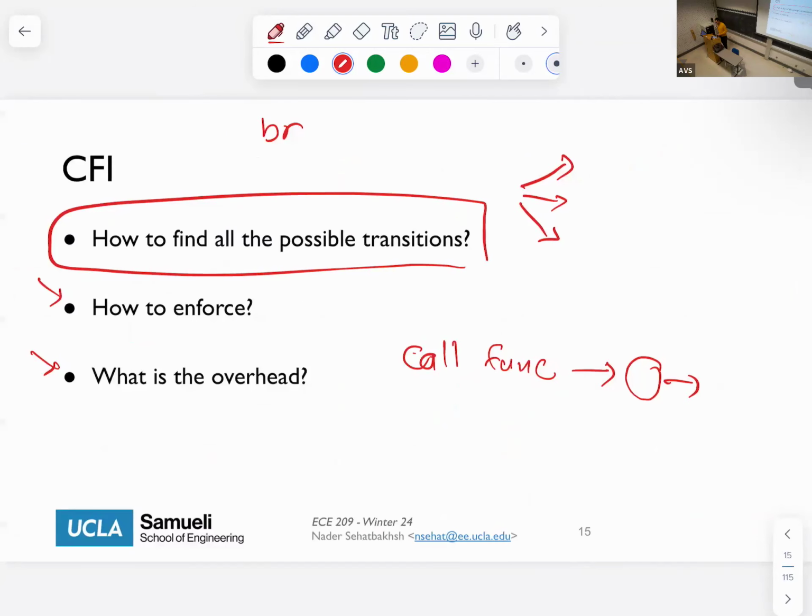There were a whole bunch of questions, including how do we enforce this, how do we even find all the transitions, and what's the overhead? Essentially this is what we're going to discuss in the paper presentations on Wednesday, so you'll learn a little more about it then.